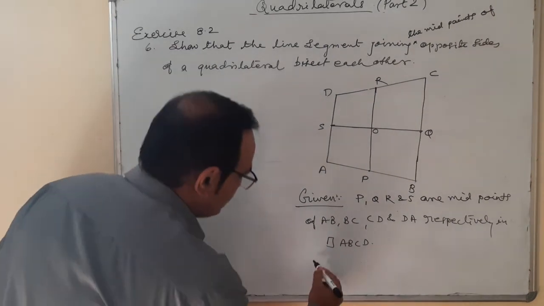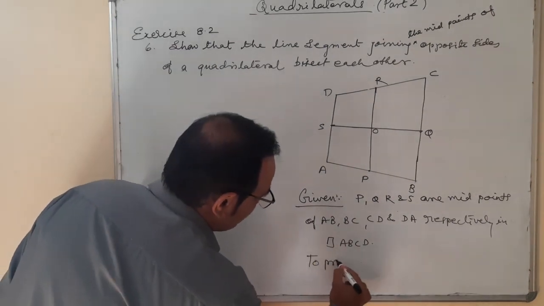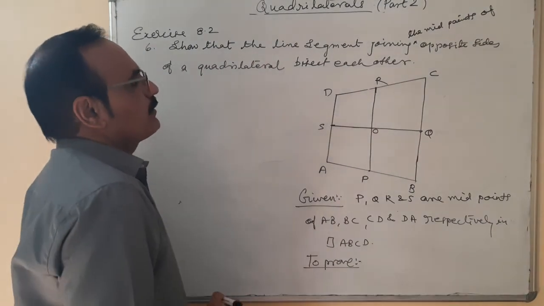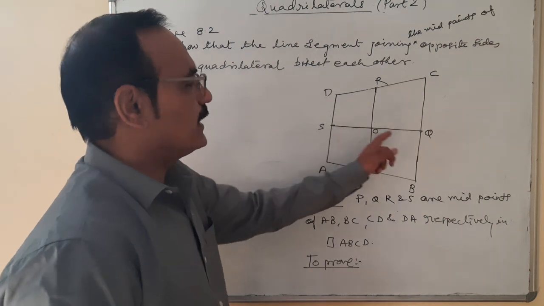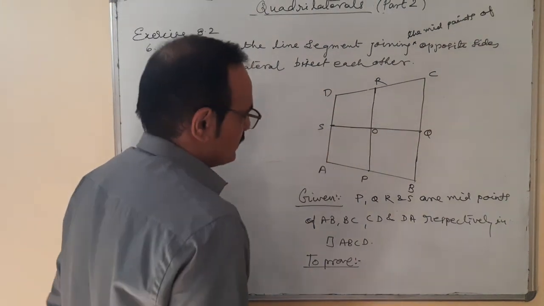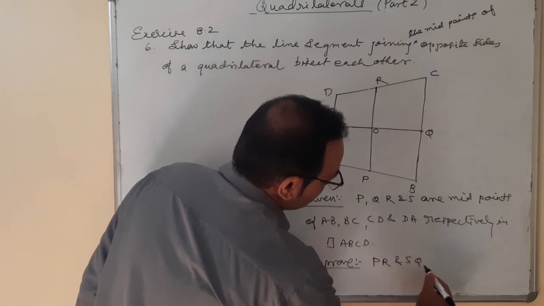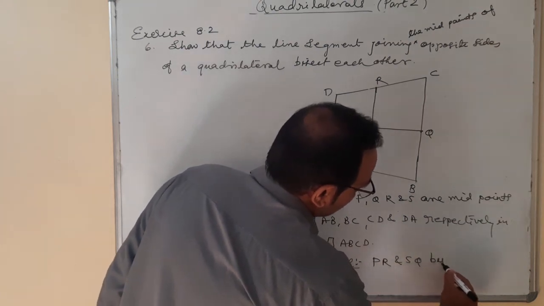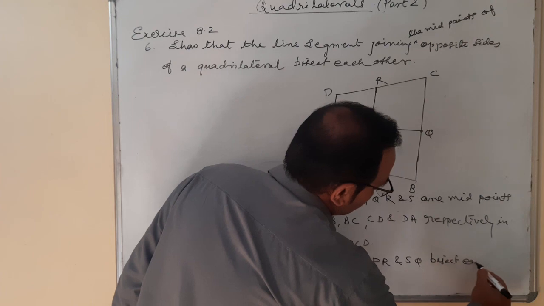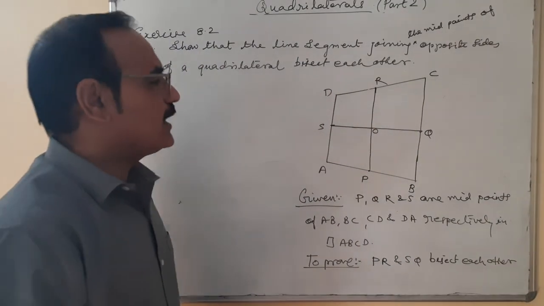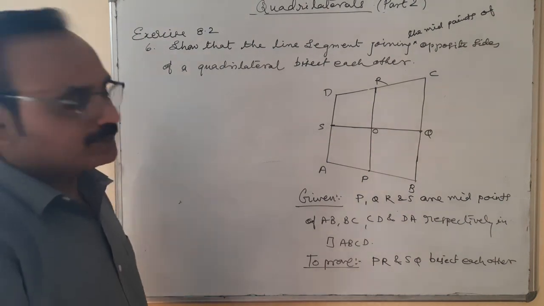To prove: what we have to prove is that PR and SQ bisect each other.